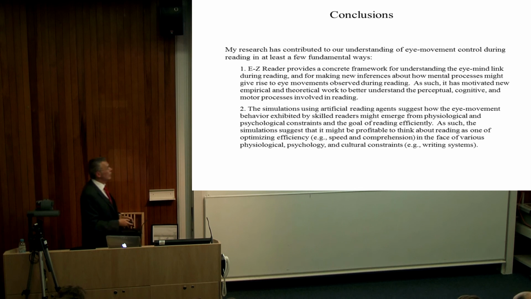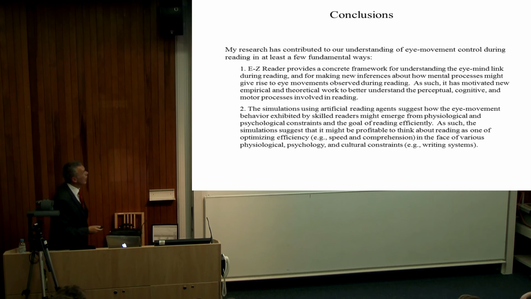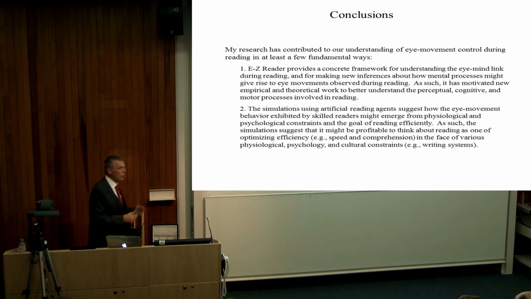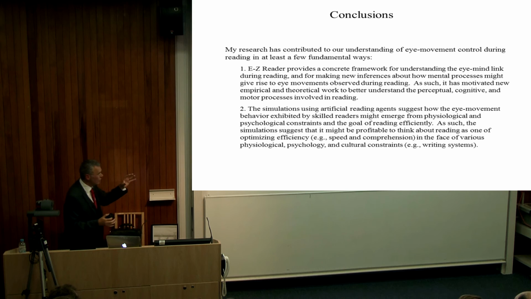So just to try to wrap this up, because it is a little bit over an hour now, I think at this stage in my career, my research has contributed in two really fundamental ways. So the work with Easy Reader, I think, provides a really nice concrete example and a framework for understanding the eye-mind link. That is how cognition relates to eye movement control in tasks like reading, but also other tasks that I didn't have the time to talk about.